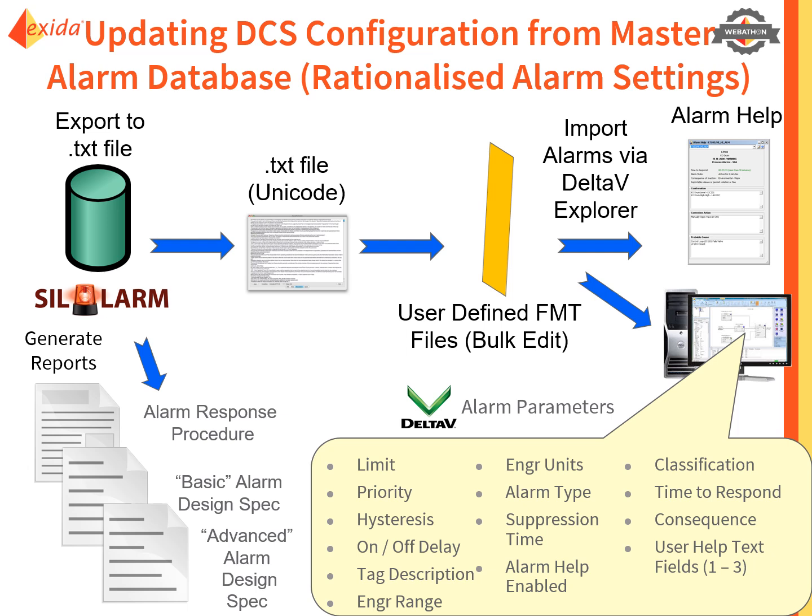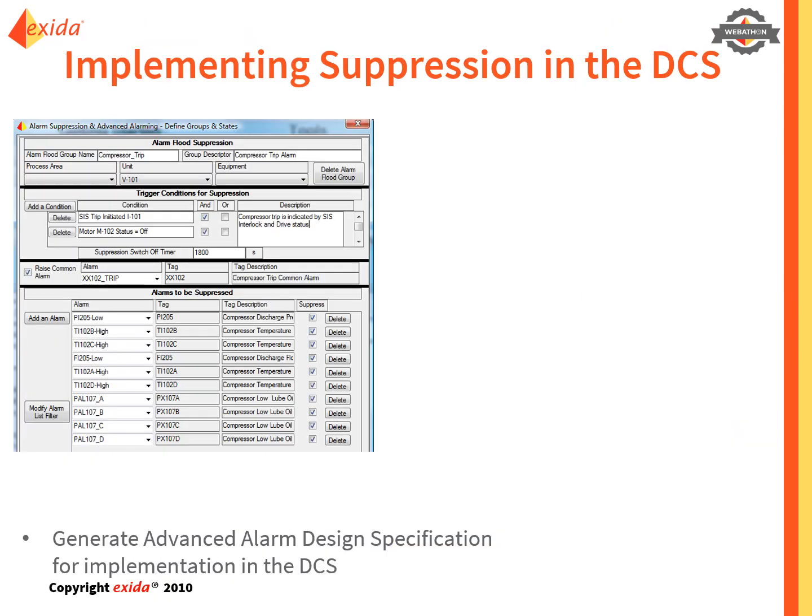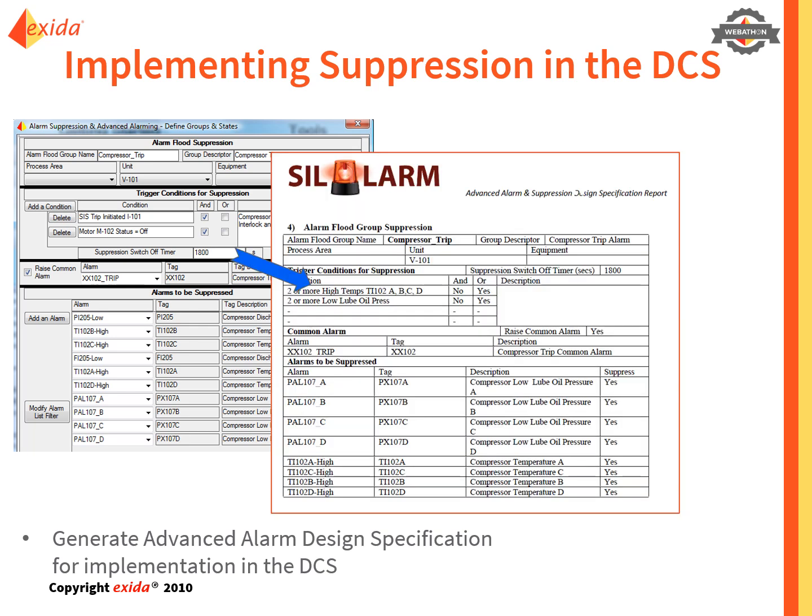And now, whether changes are made at the logic control or a PLC level, changes to the logic for dynamic alarming, we can also use these output files to generate reports that contain the necessary modification information so we can direct and record those logic changes. And here's an example of that where we've got a written output from SIL alarm.